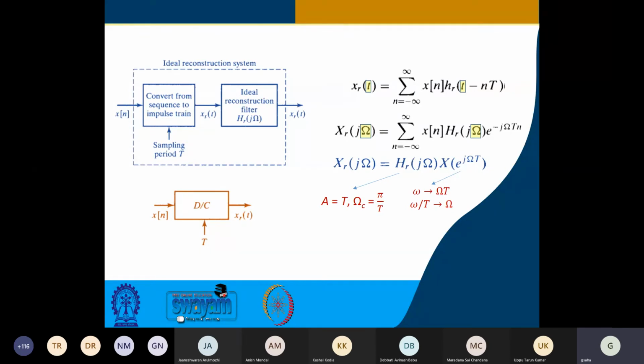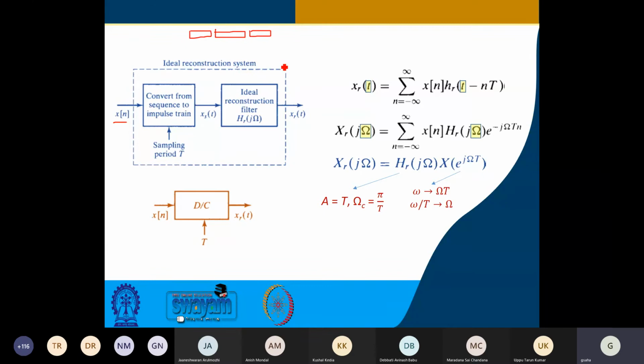So now if we are talking about this ideal reconstruction system, I have got Xn. Xn is that sequence of numbers that is stored in memory. Time information is not there.